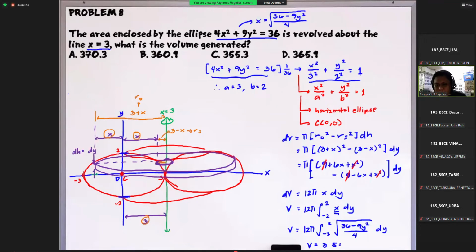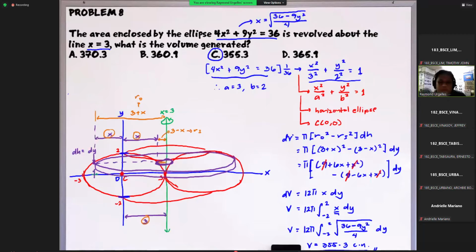No? So ito dapat yung lalabas sa solution. So pwede nyo rin i-try sa calculator nyo. No? So kung meron kayong calculator dyan. So again, para ma-check nyo kung tama yung 355.3. No? Okay? So any questions?